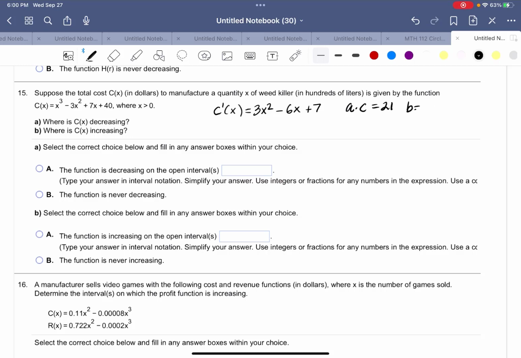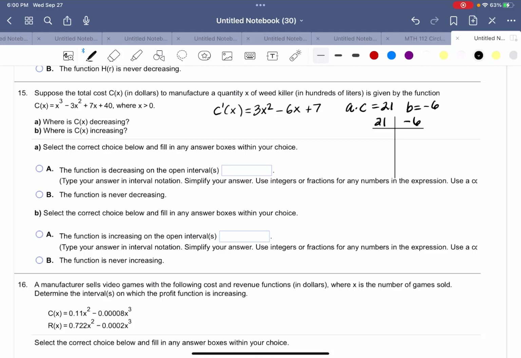Because of that, we're going to quickly find out that there are no two numbers that multiply to positive 21 that also add up to negative 6.